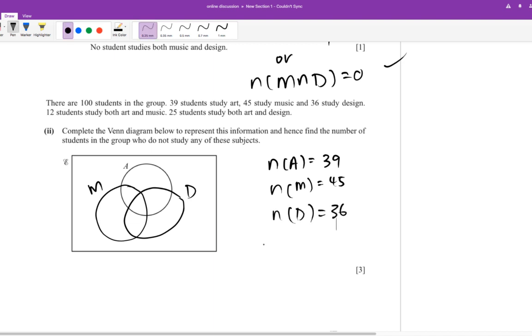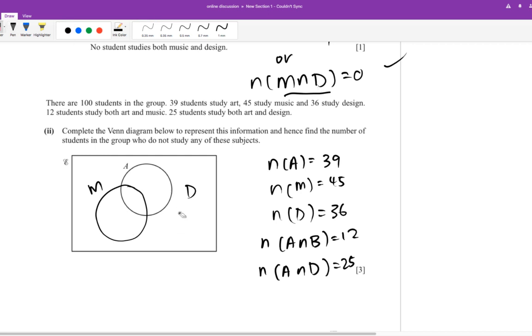Let me draw it out: we have art, music, and design. 12 students study both art and music, so art intersect music equals 12. And 25 students study art and design, so art intersect design is 25. And M doesn't intersect with D.